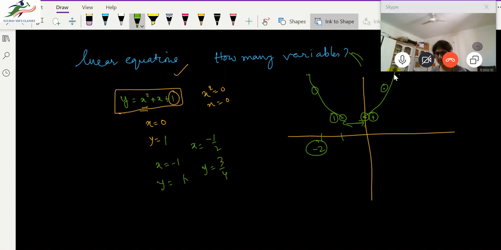Correct. So we can understand that the graph will come down below 1 and be something like this, right?